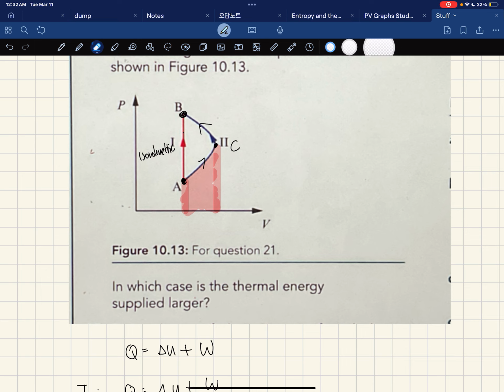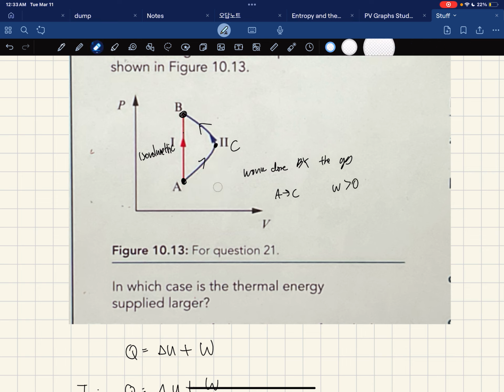You can see that this is work done by the gas. So for A to C, work done is positive.